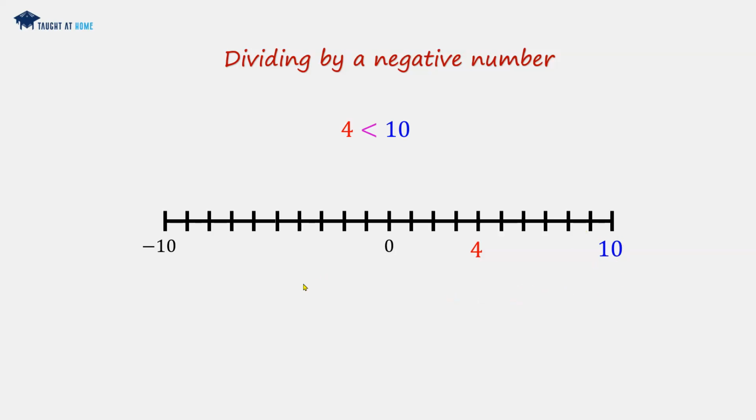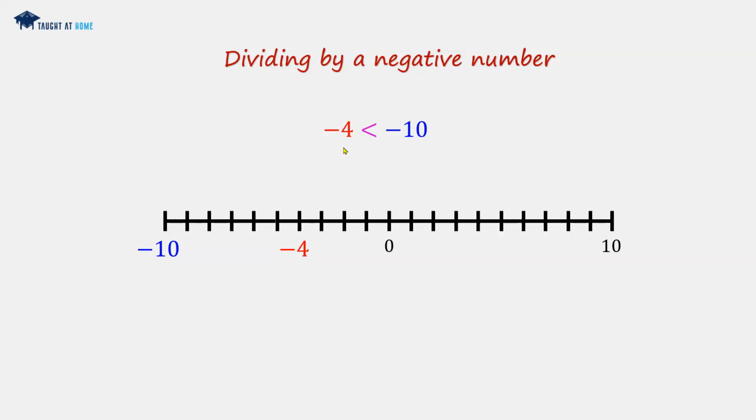Now if we were to divide both sides of this by -1, so we're dividing by a negative number, 4 divided by -1 is -4, and 4 moves to -4. 10 divided by -1 is -10, and now this 10 moves all the way over to here.